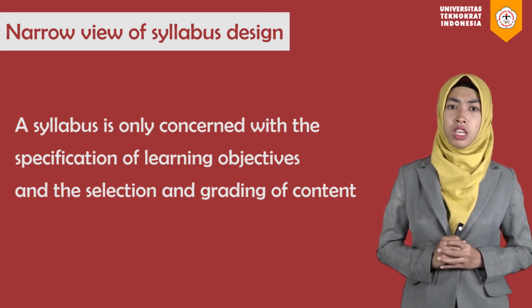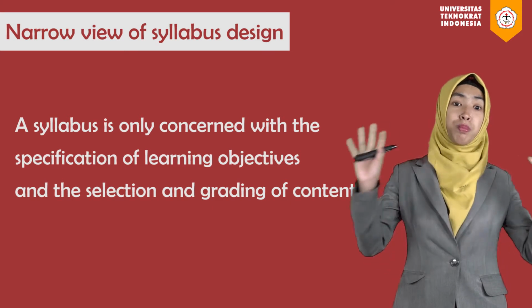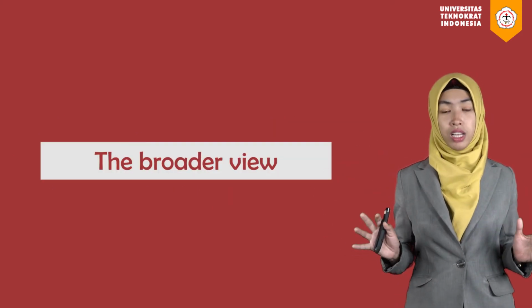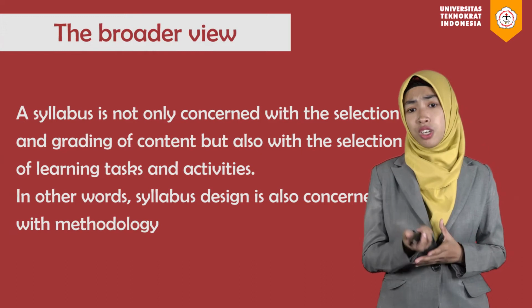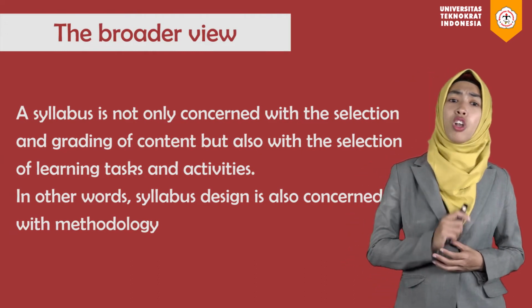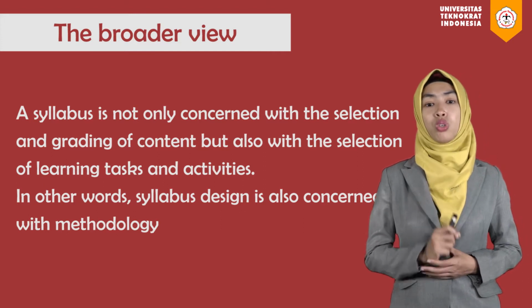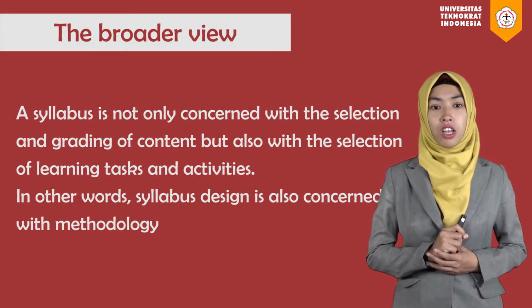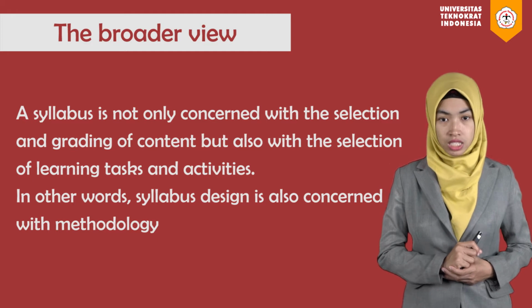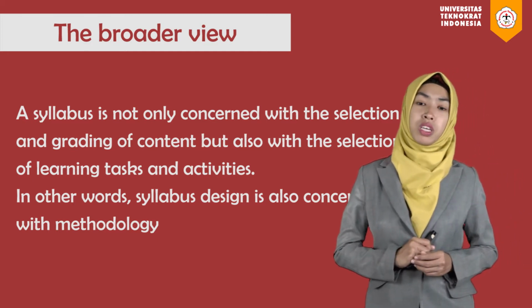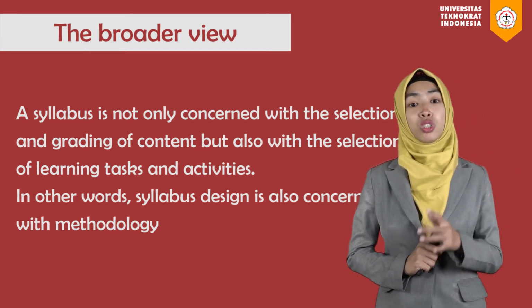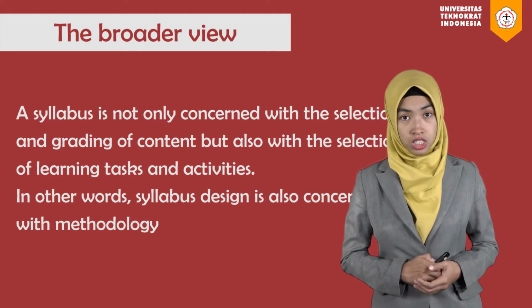But if we look from the broader view, it argues that a syllabus is not only concerned with the selection and grading of the content, but also with the selection of learning tasks and activities. In other words, we can say that syllabus design is also concerned with methodology.